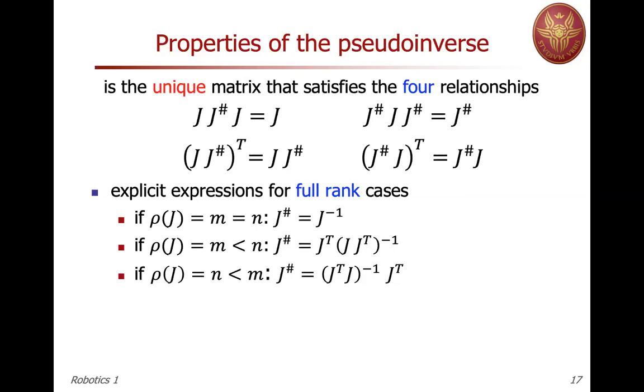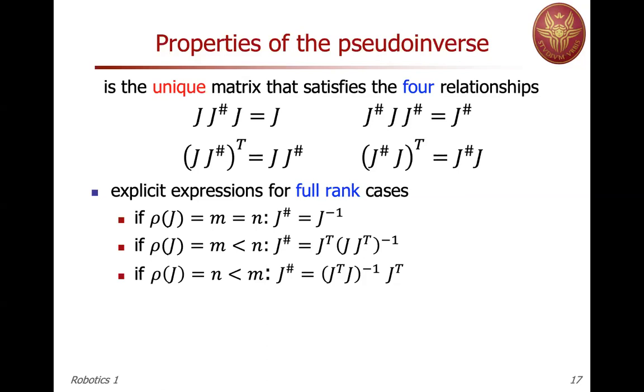Finally, there's another case which will be interesting in the second course of robotics. There are cases where we try to solve more equations than unknowns. So they are over-constrained linear systems, and still we can define a pseudo-inverse. In that case, if the coefficient matrix is full column rank, so m is the number of equations, n is the number of unknowns, n is strictly less than m, but the rank of the matrix is n, then you see the reversed version of the previous equation.